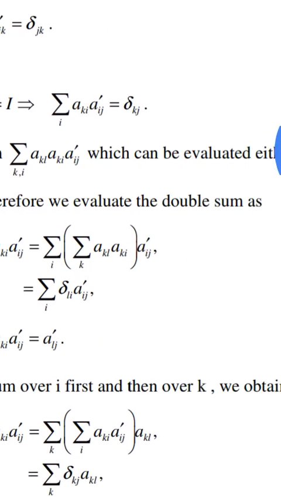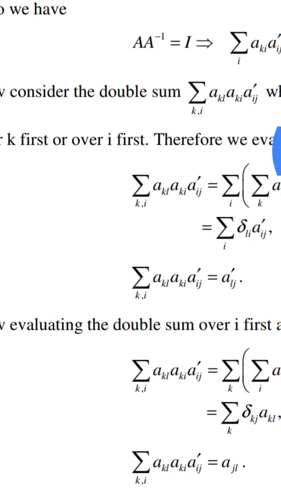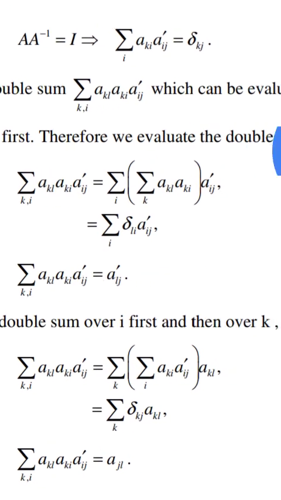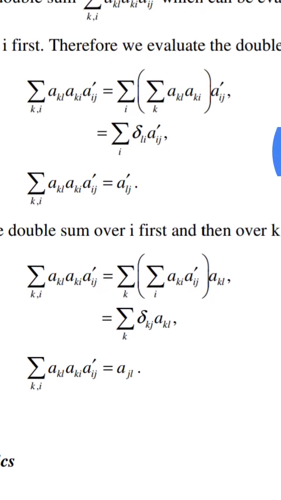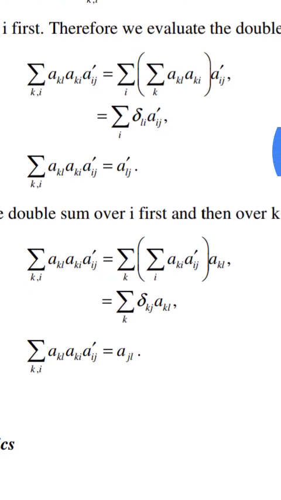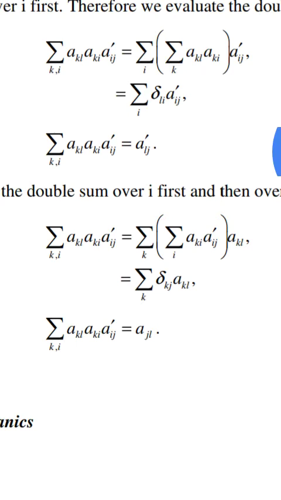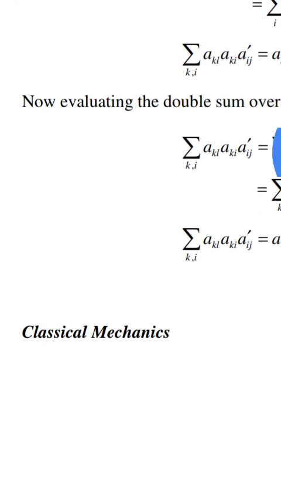Therefore, we evaluate the double sum as the summation of Aki, Akj, Aij dash is equal to the summation of delta ij, Aij dash, the summation of Akj, Aki, Aij dash is equal to the summation of Aij dash, Aij dash.